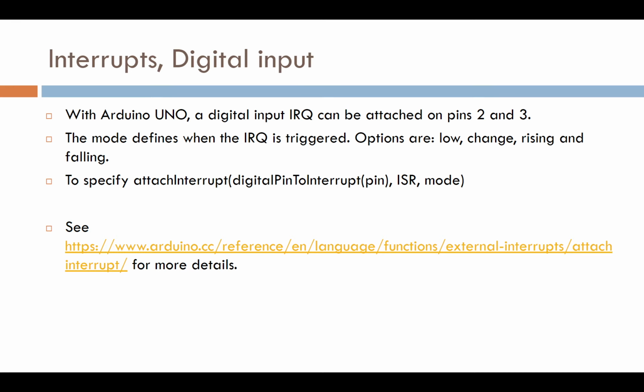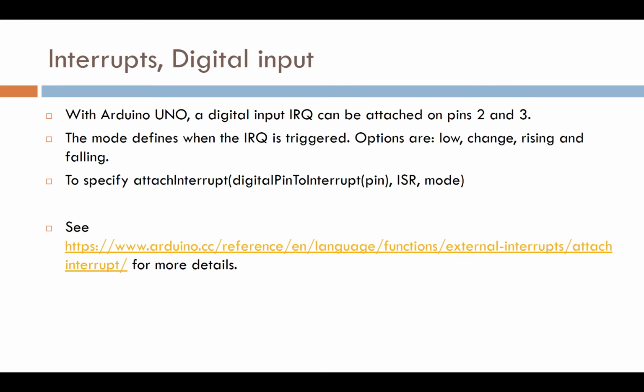Okay, then basically to specify how it's done, you will call a function attachInterrupt, and then you have the digital pin to interrupt and the pin value, either 2 or 3.